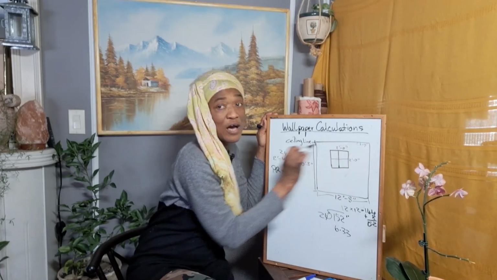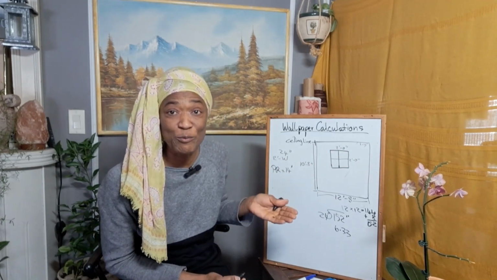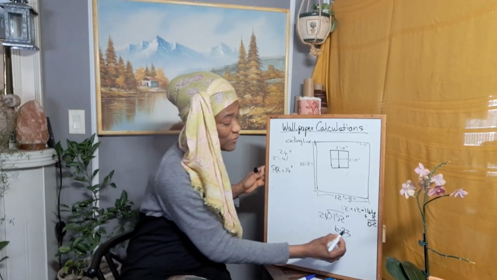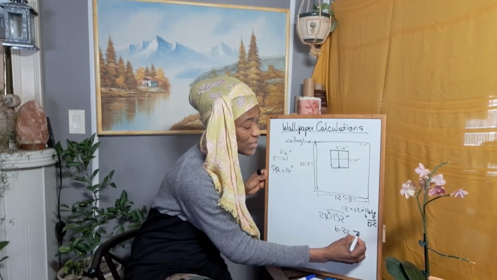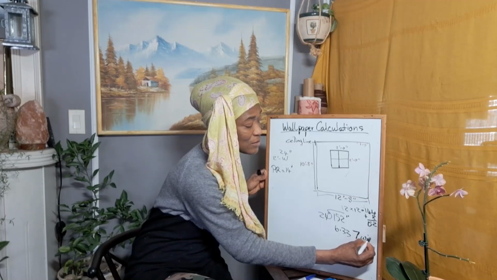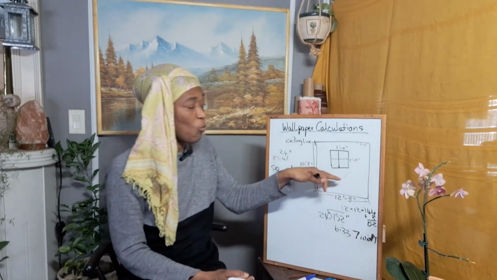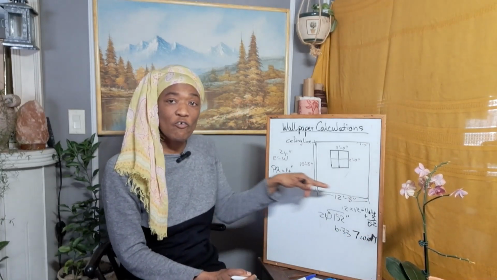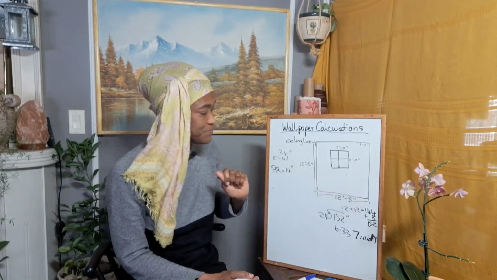It will leave an empty spot on the wall, right? So we have to round off to 7. So we need 7 widths of wallpaper to go across the wall.